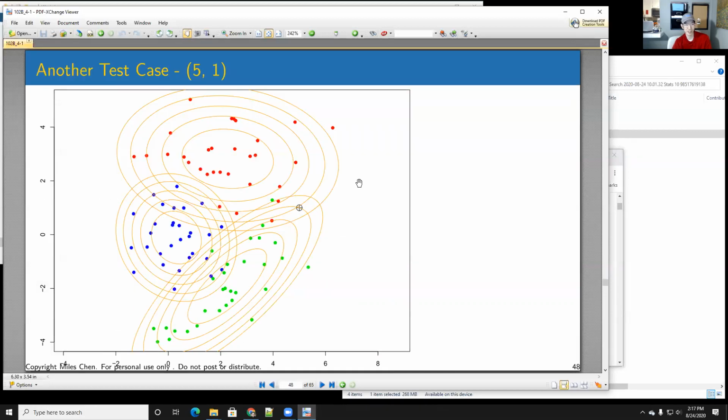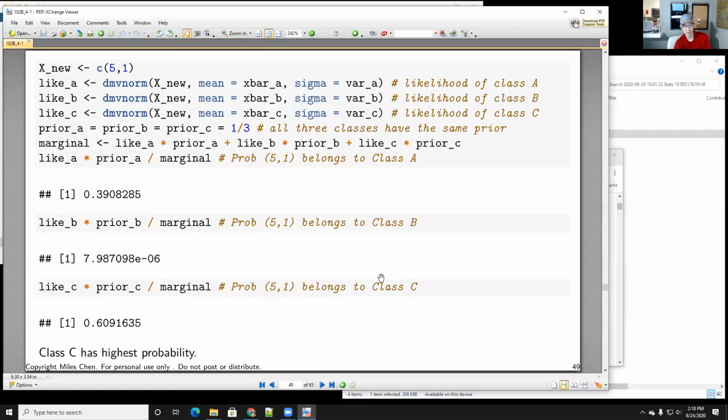What about this one? Okay, so here I put in -5, 1, and we say, well, is it going to be A or is it going to be B or C? And this one will end up being a lot closer, I think, between the red and the green case, just looking at the picture. Is this red? Is this green? And so we do these calculations. Again, this is all found by doing the likelihood times the prior divided by the marginal for each of these things.